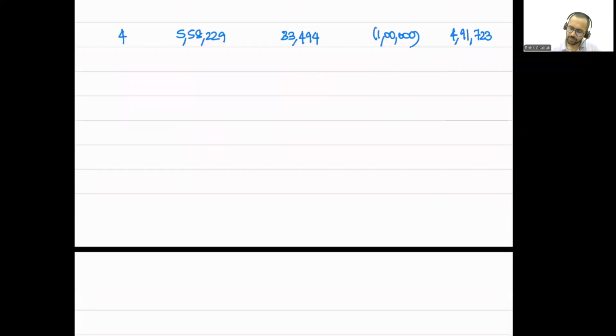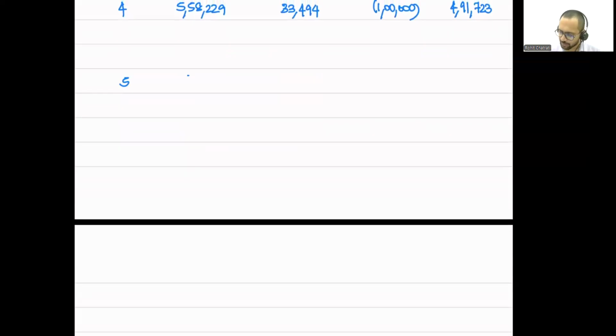4,91,723. I then have year 5, where the beginning balance will be 4,91,723 multiplied by 6% will give me the interest for year 5, which is 29,503, less 1 lakh, giving me the closing balance at the end of the 5th year. That is 491,723 plus 29,503 less 1 lakh, which is equal to 4,21,226.